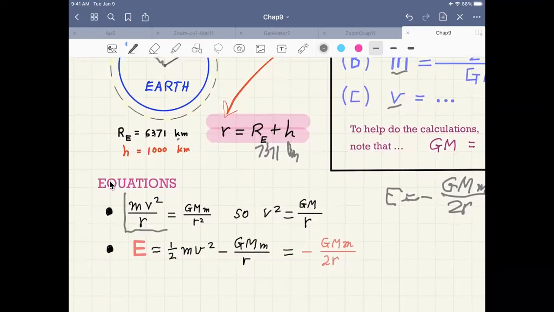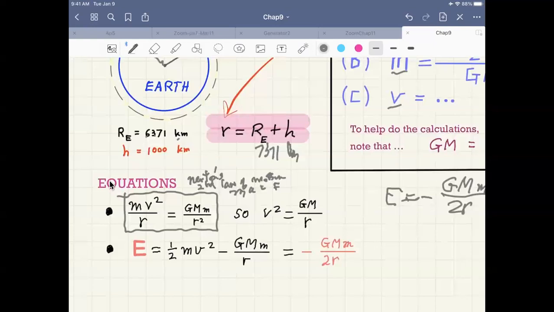Here's the equation for Newton's second law of motion for a planet in a circular, or a satellite in a circular orbit. The mass times the acceleration is equal to the force.